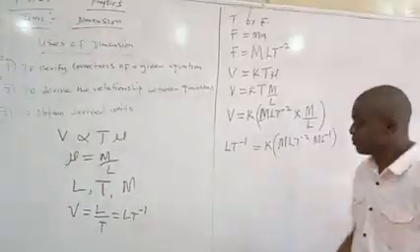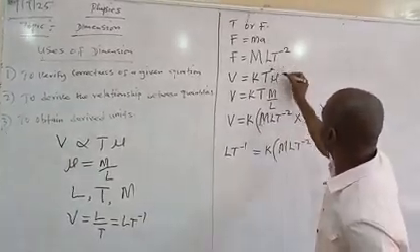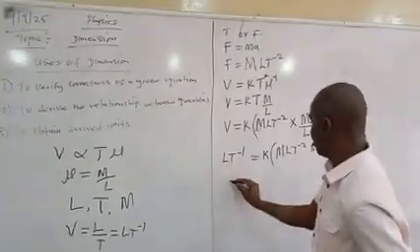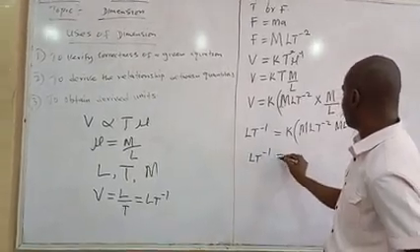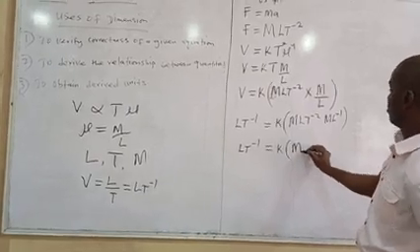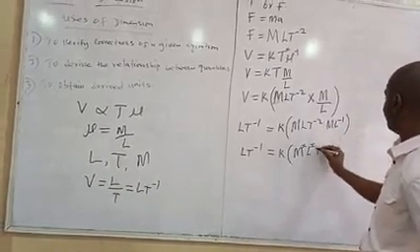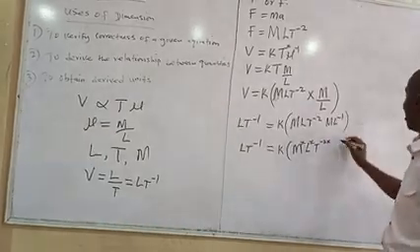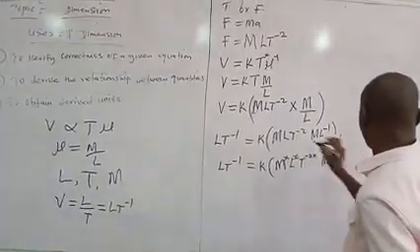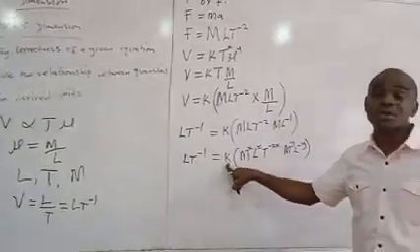Now we assign variables. Let T take X and let mass per unit length take Y. So in that case, we now have LT^-1 equals K into, for tension, M^x, L^x, T^-2x. Then for mass per unit length, M takes Y, L takes minus Y. So we ignore the constant because a constant is always dimensionless in physics.